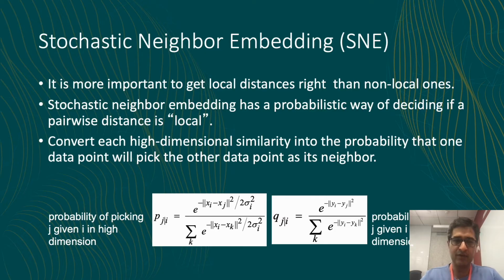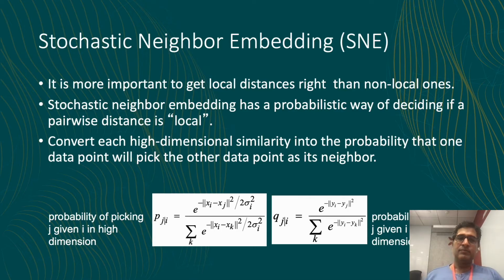Think about it this way: let us say you have been given a point I in high dimensional space, and P represents the probability of picking another point J in the high dimensional space, where J is in the local neighborhood. So the first term that you see over here, the Pj given I, denotes that.